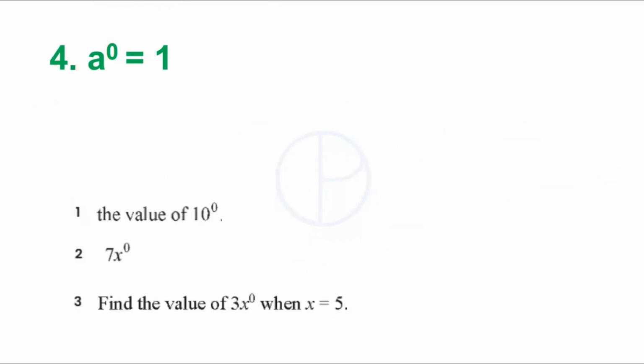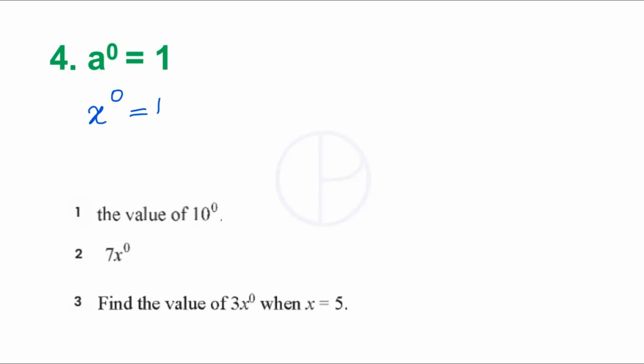Next, raising a number to the power of 0. A power 0 is equal to 1. Any value to the power 0 is equal to 1. Okay. For example, x power 0 is 1.